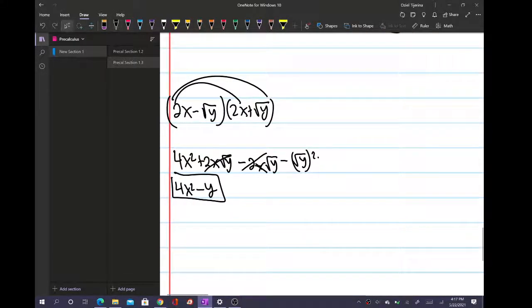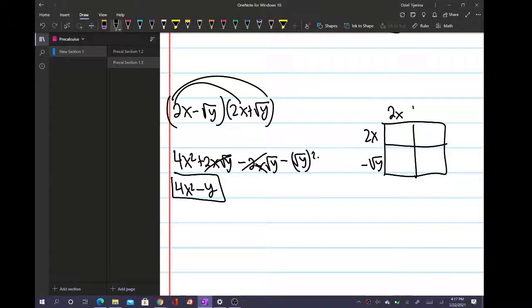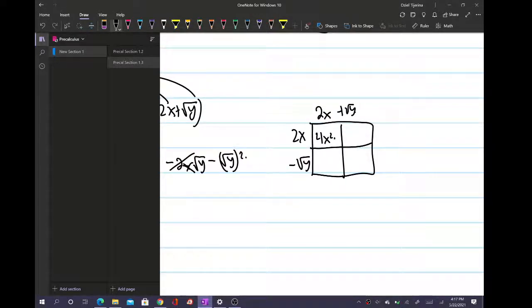So if you do this using box method, you would have 2x minus square root y, and then 2x plus square root y. And you would say 2x times 2x is 4x squared, right? 2x times the square root of y is 2x square root y, and then 2x times negative square root y is negative 2x square root y, and then you would say the square root of y, so it'd be minus the square root of y quantity squared, which is just minus y, really.